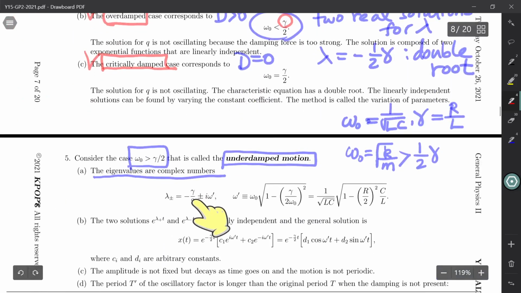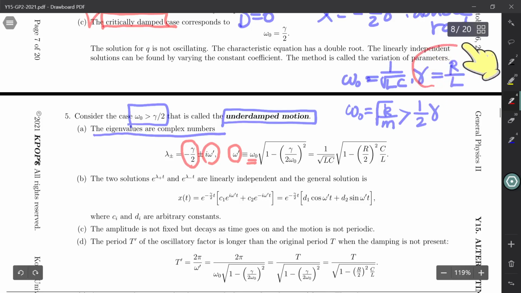So the solution is minus 1/2 gamma plus minus i omega prime, and omega prime is omega 0 times square root of 1 minus gamma over 2 omega 0 squared.